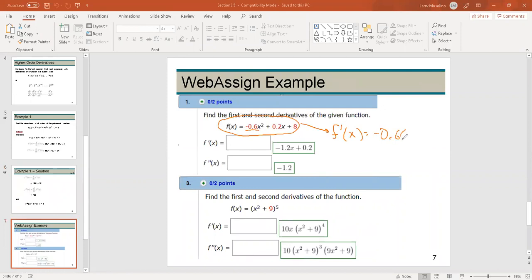Bring the 2 down in front as a multiplier, and then subtract 1 from the exponent, so that's x to the 1. Then when I take the derivative of 0.2x, that's just 0.2. And then the derivative of 8 is 0. So what I'm ending up with here for the first derivative is negative 1.2x plus 0.2.